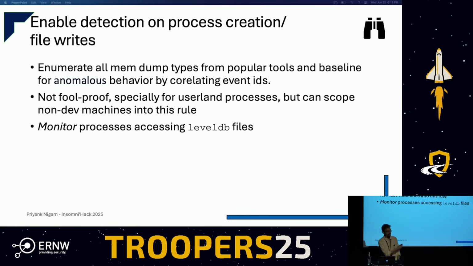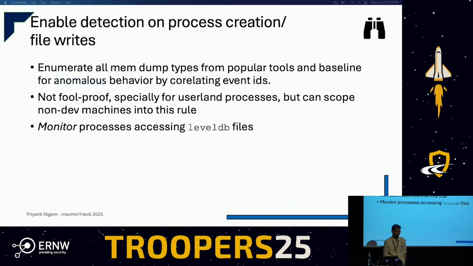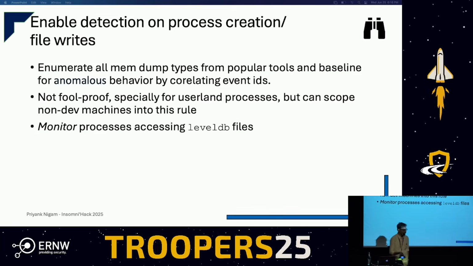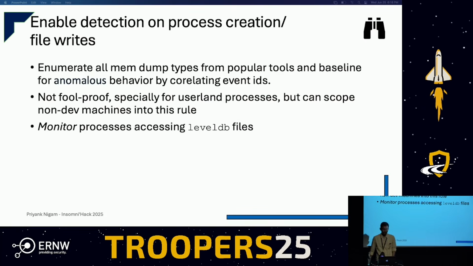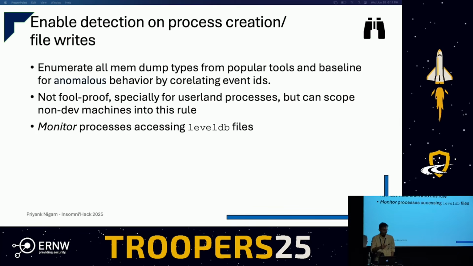Like, for example, there are a bunch of subtypes which you could use for process dumping, right? Like the one we showed that was successful. And then use that for all popular tools, because every tool has a different signature. The method of dumping is different. So you'll have to look at what the API calls are on an OS level, and then see, okay, why is this process doing that?